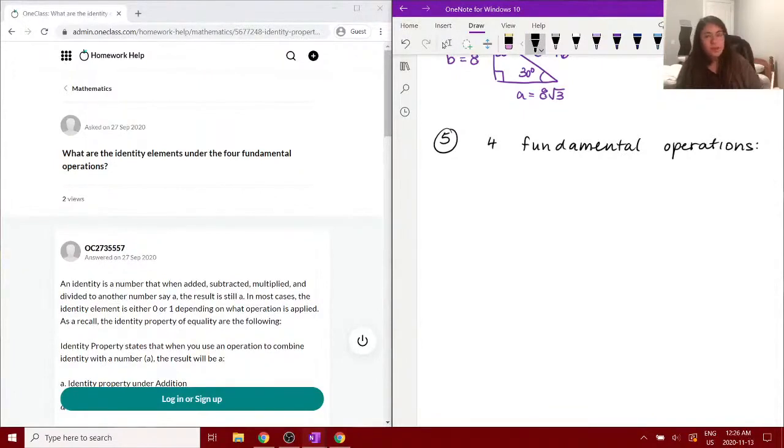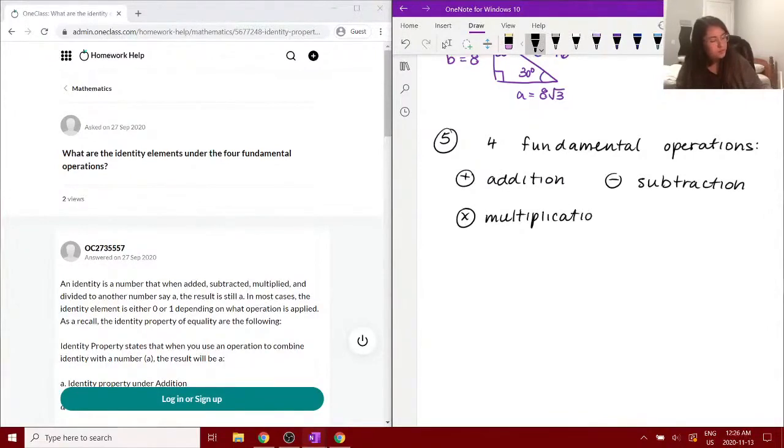So that includes addition, subtraction, multiplication, and you probably guessed it, division. Okay, so those are the 4 fundamental operations.